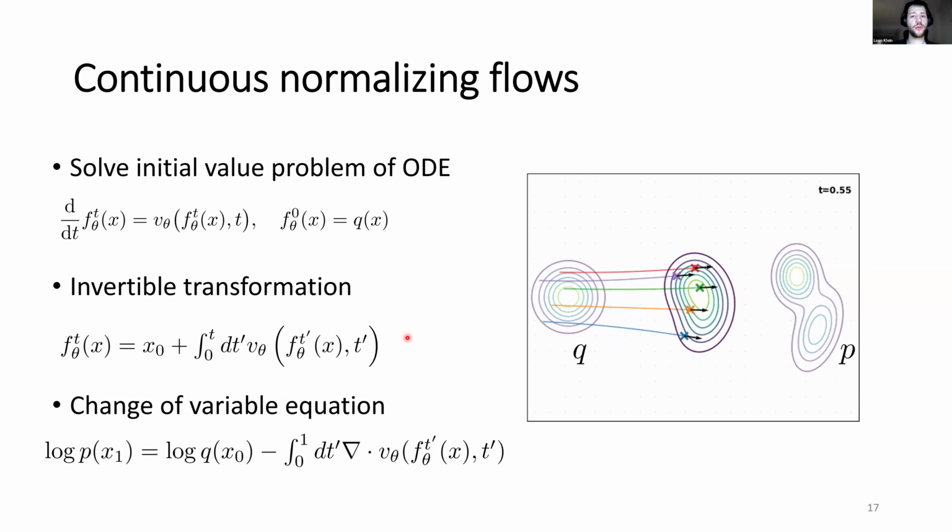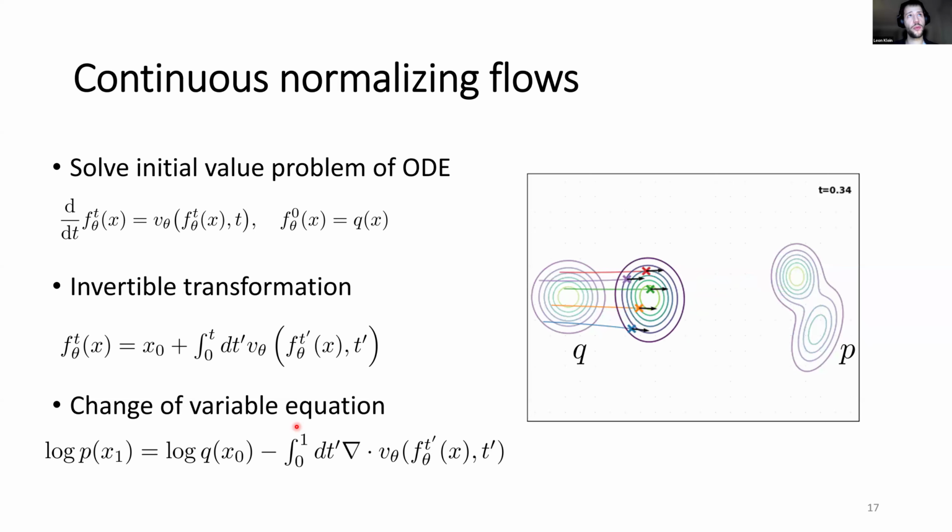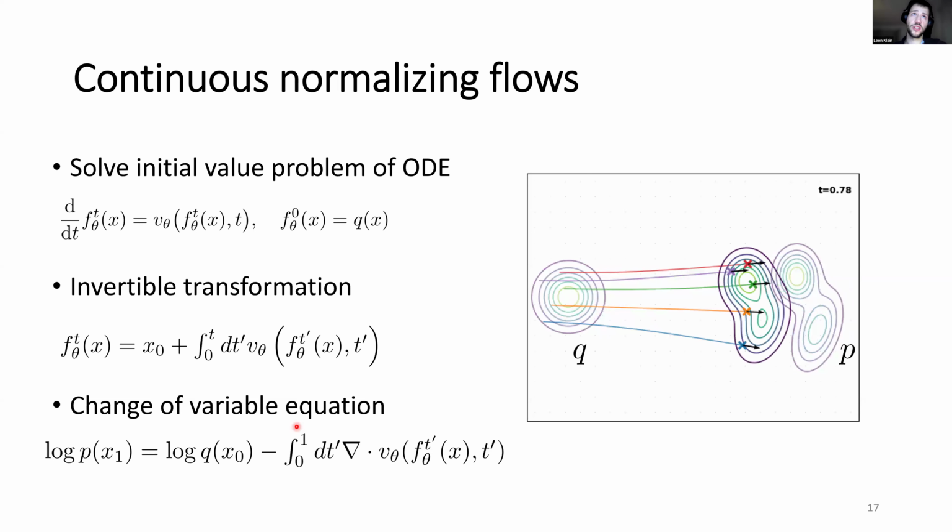However, during training with the maximum likelihood training I introduced, we also have to perform backpropagation through these, which is also possible, but quite expensive and memory demanding, which hindered the development of continuous normalizing flows quite a bit. But recently, flow matching was introduced to solve these problems.